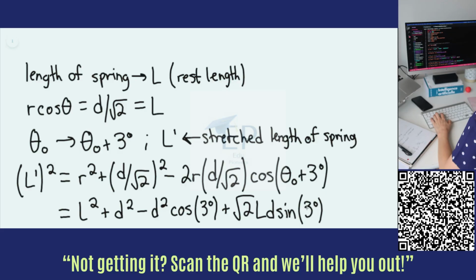Now, at this point, this is from knowing that the original angle is 45 degrees. So we can then say that the difference between L prime and the original spring length L, the rest length, is the amount the spring has been stretched.